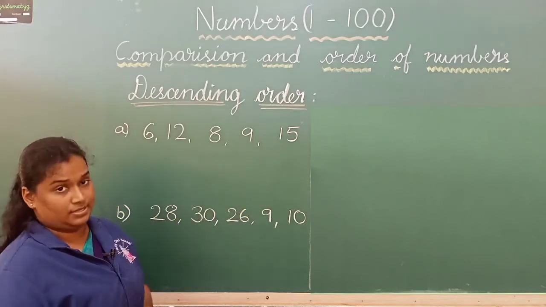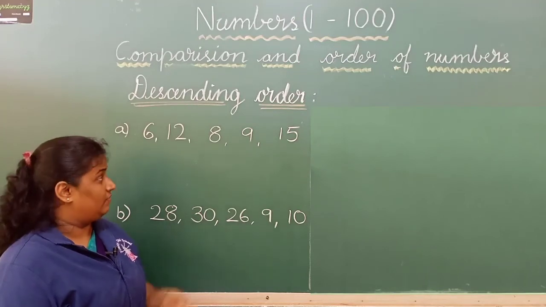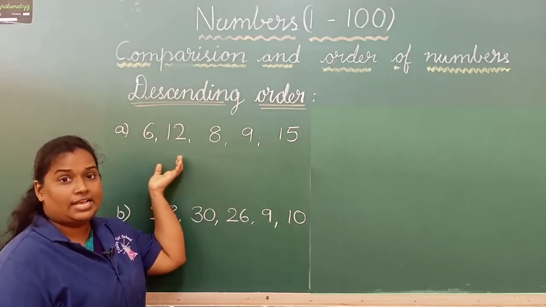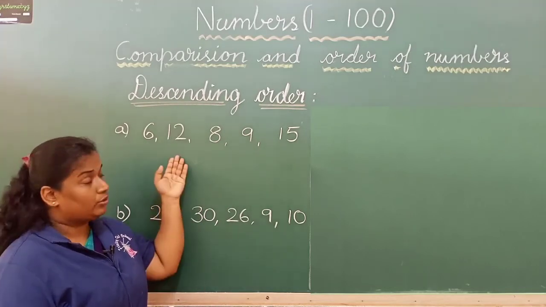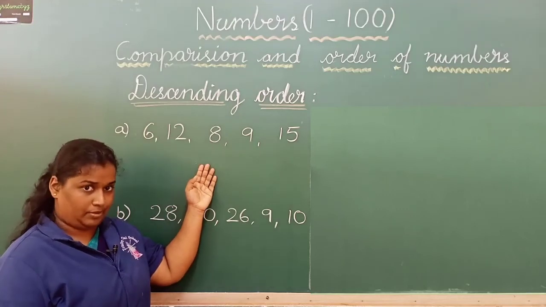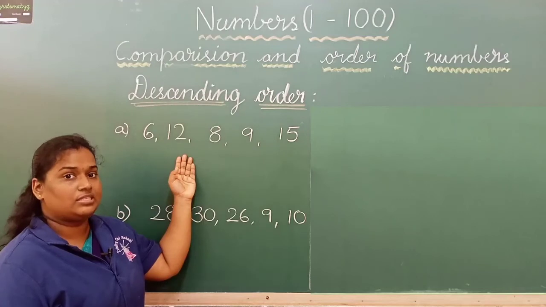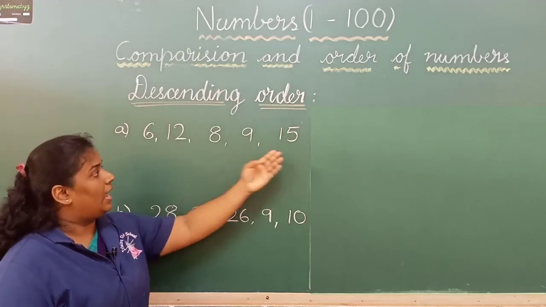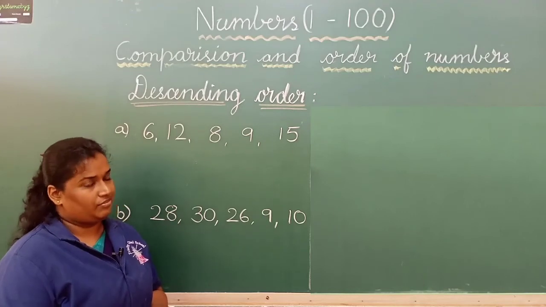Among these numbers, which is the greatest number? Here we have 1-digit numbers as well as 2-digit numbers. Obviously, a 2-digit number is greater than a 1-digit number. Here we have two 2-digit numbers, 12 and 15. Among these two, which is the greater number?